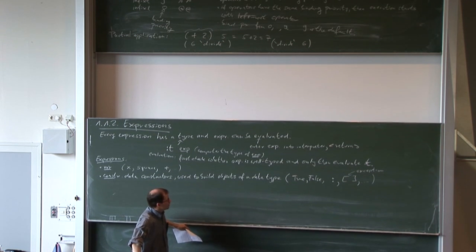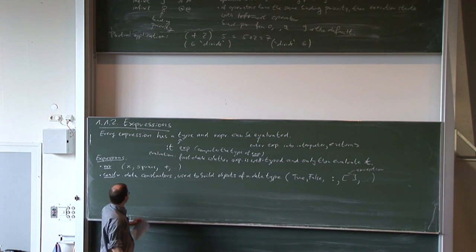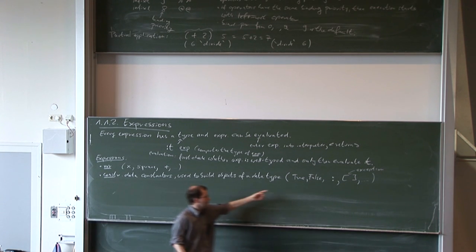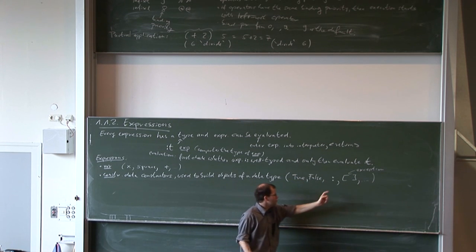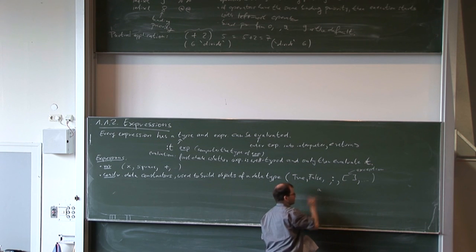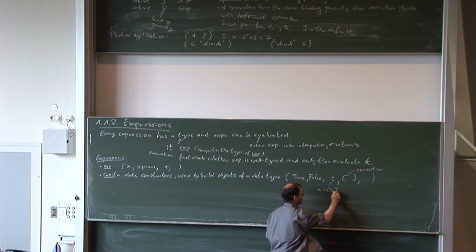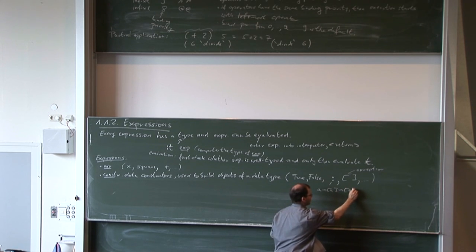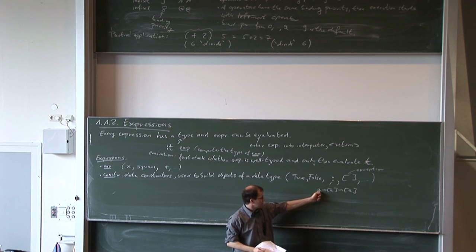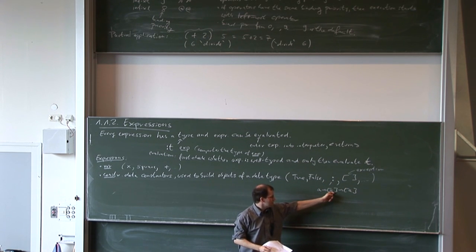What would be the type of expressions which are constructors? Well, that depends. Here the type would be Bool, and here it would be Bool as well. Here it would be a function that waits for some argument, then waits for another argument, and then returns a result. The two arguments that this colon operator takes are an element of some type and a list with elements of the same type.